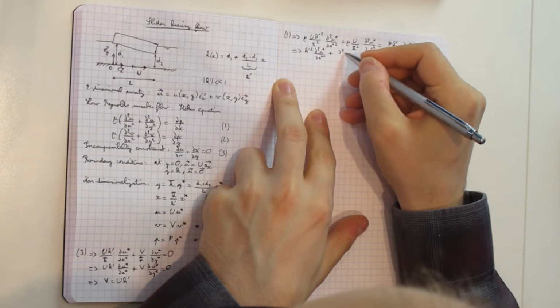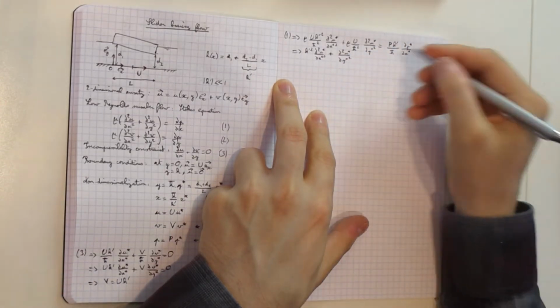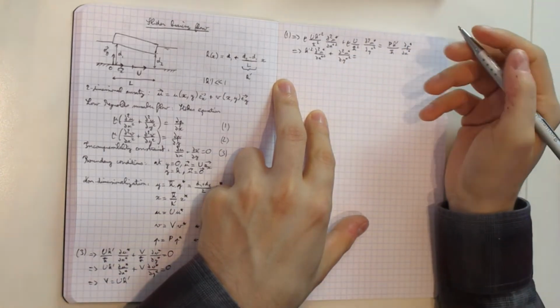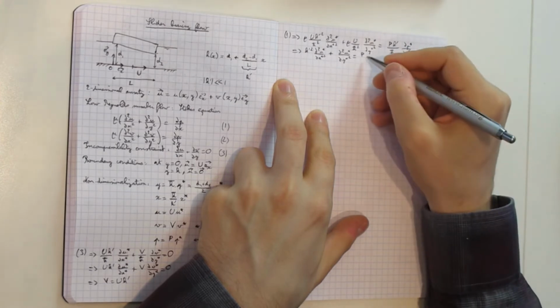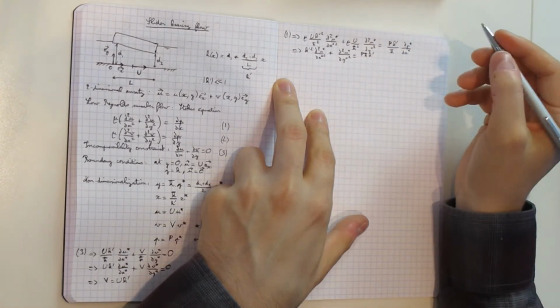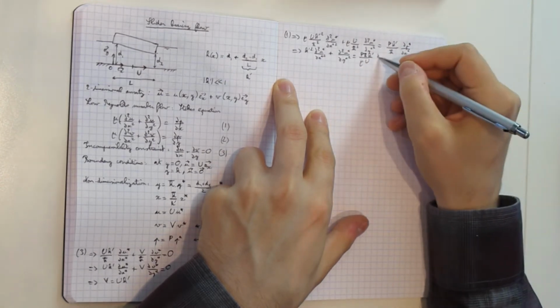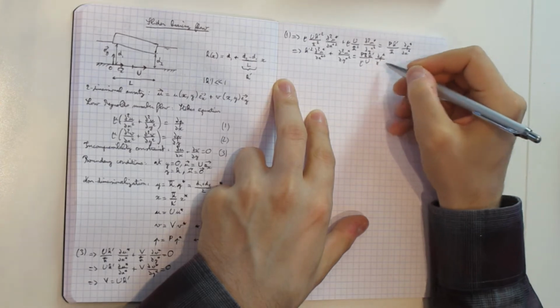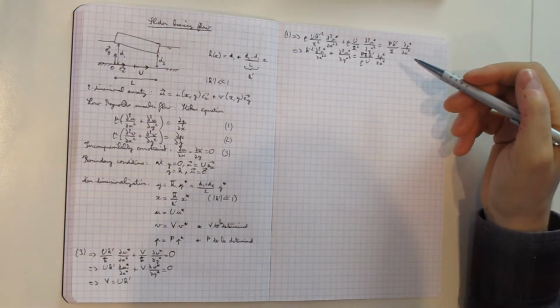So I've got d2u star by dy star squared. And on the right hand side here, I've got the pressure appearing with p h bar h prime over mu u dp star over dx star. Okay, so that is my first equation.